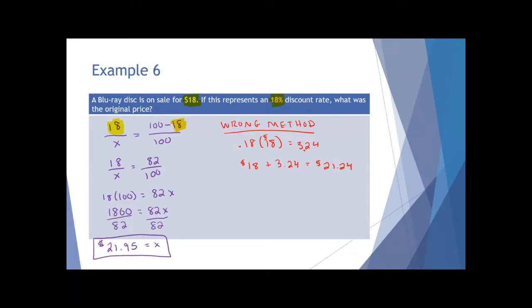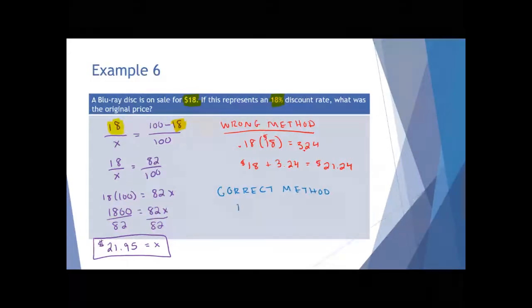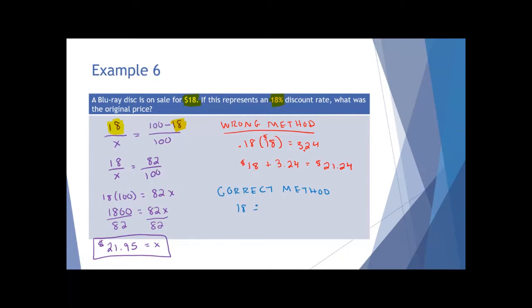So you have to either set up this proportion method, or, if I do this in blue, if you don't want to do the proportion, the correct method would be to divide. You would have to do $18 divided by 0.82, and that would give you the same amount, 21.95.